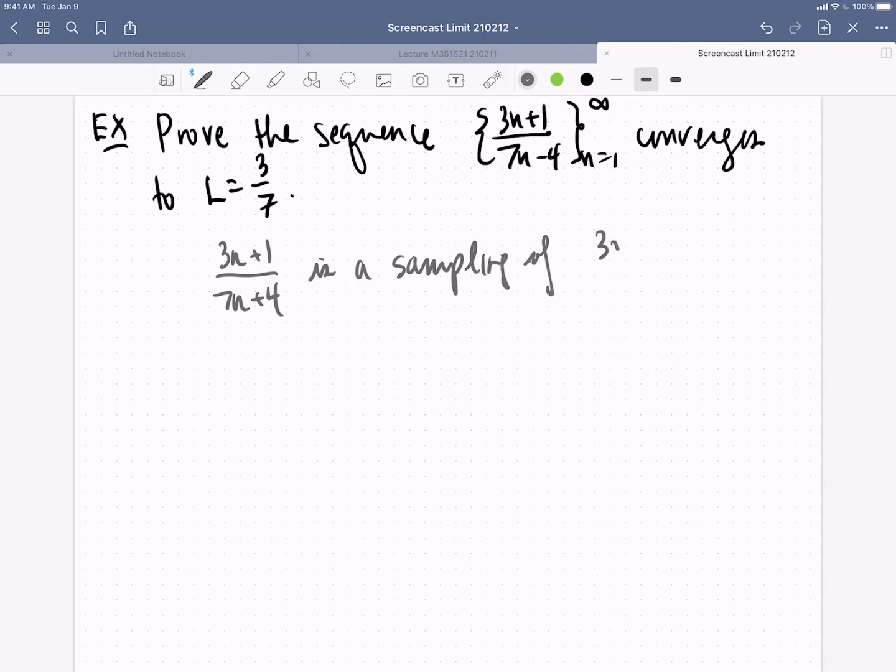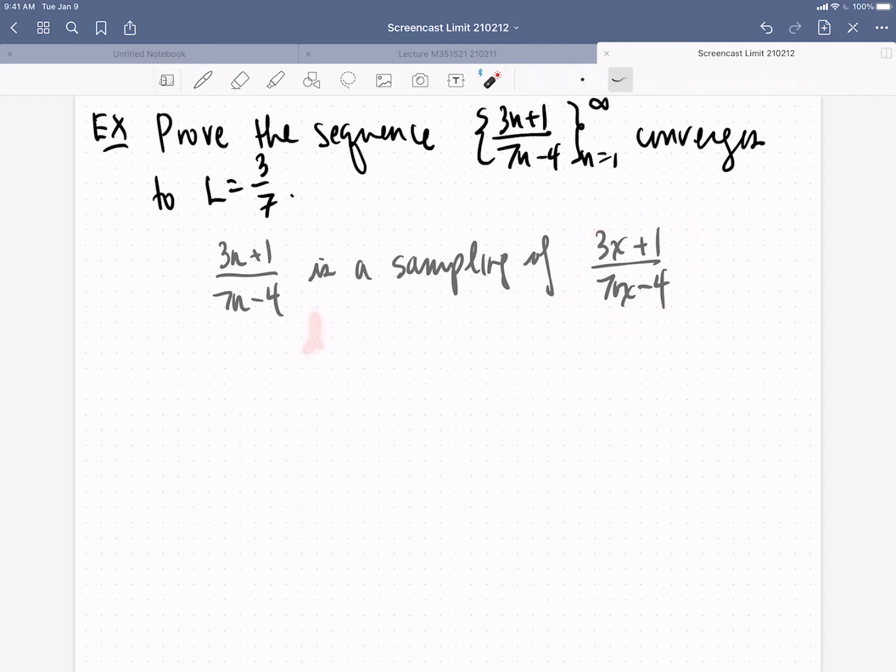So if you replace n with an x, the terms of the sequence are just points on the graph of this nice continuous and differentiable function. So we can apply L'Hopital's rule to this.